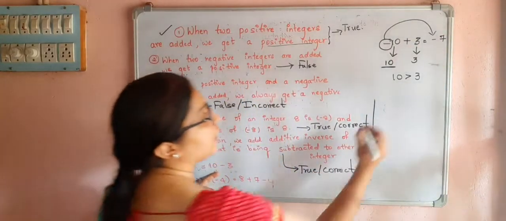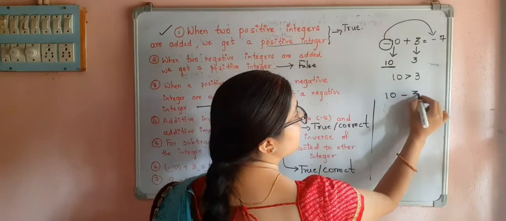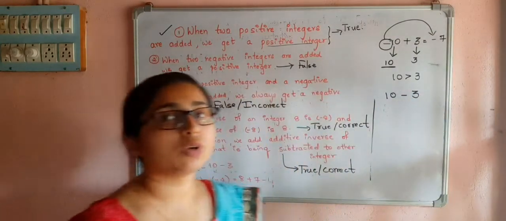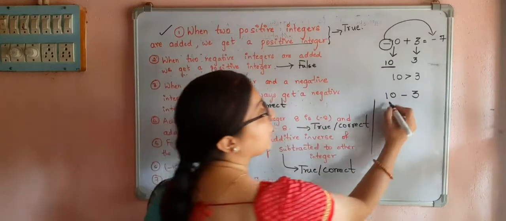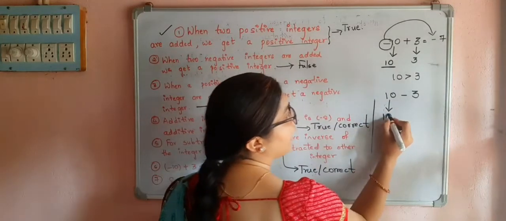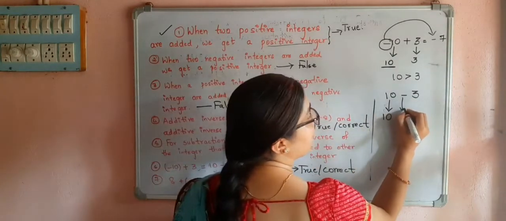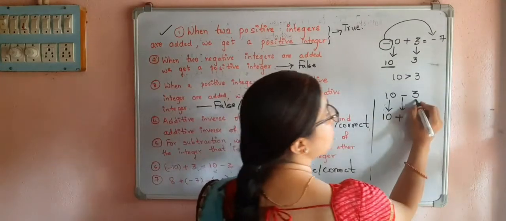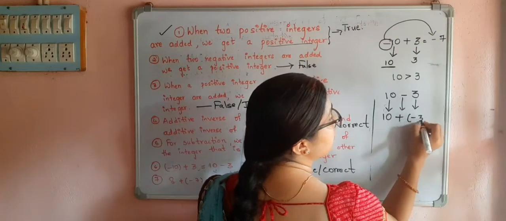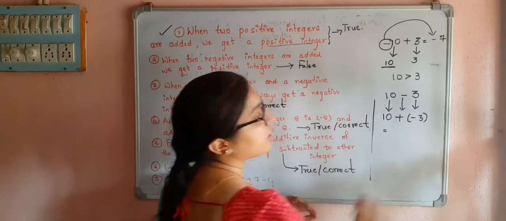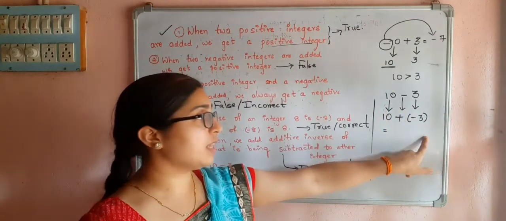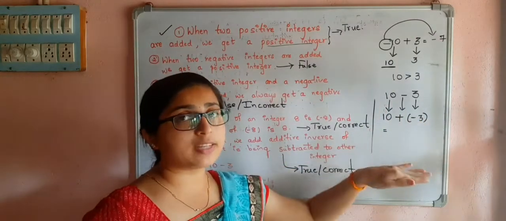Next, what is 10 minus 3? I have told you that to perform subtraction, we can also convert it to addition. How? Keeping the minuend as it is, changing the subtraction sign to addition sign, and taking the additive inverse of 3, that is minus 3. So we are adding 10 and minus 3. Both have different signs.